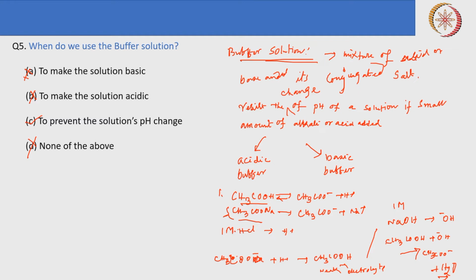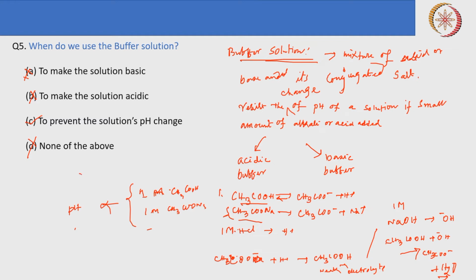It's better to use it fresh, because when you make the buffer solution, it is not that you can take whatever pH of acetic acid. Suppose you have taken 1 molar acetic acid, and its corresponding salt, suppose 1 molar, and you mix them in solution, then you measure the pH by pH meter.